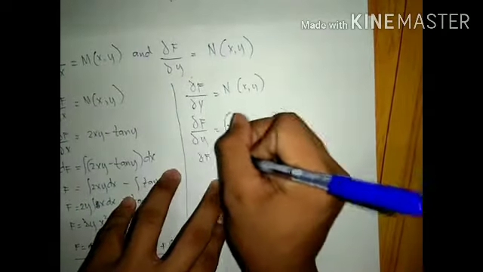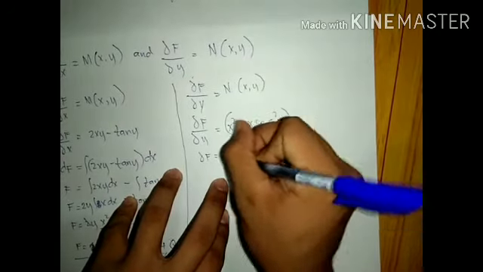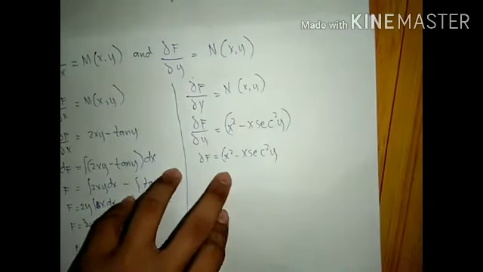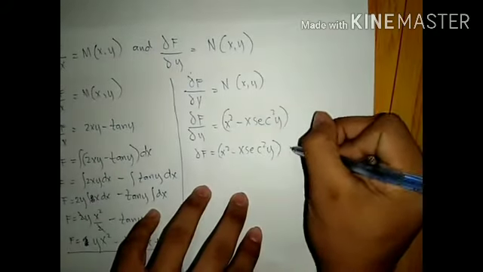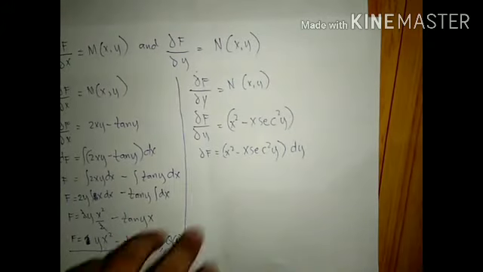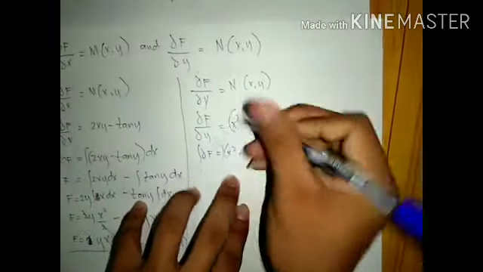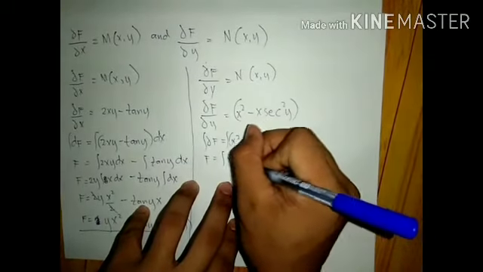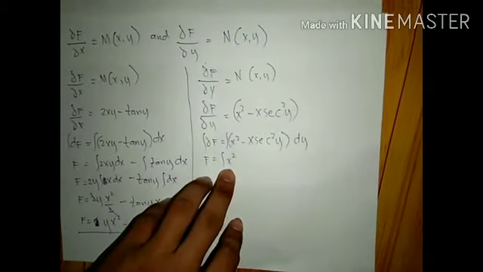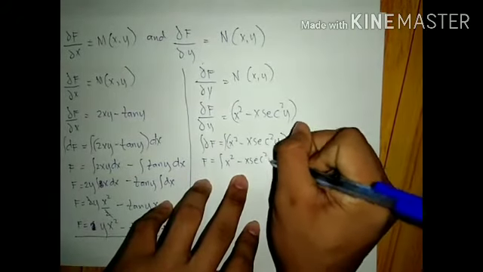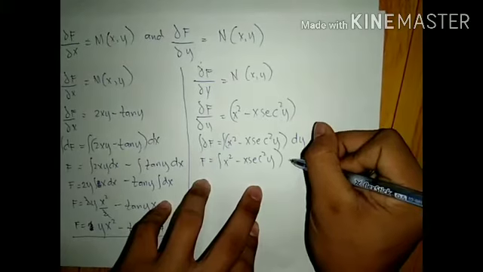So partial f is equal to (x squared minus x secant squared y) dy.